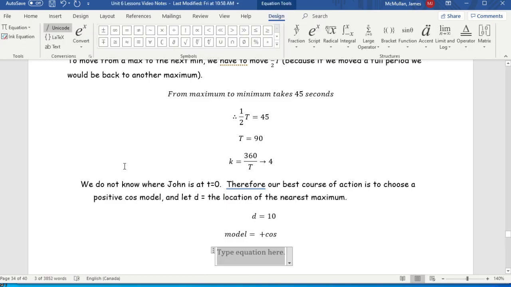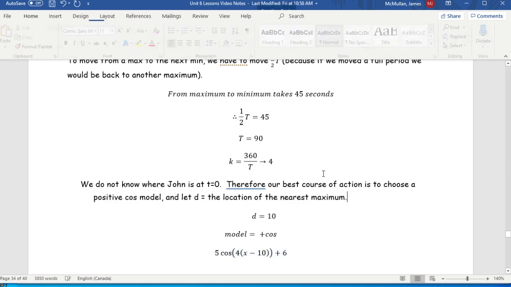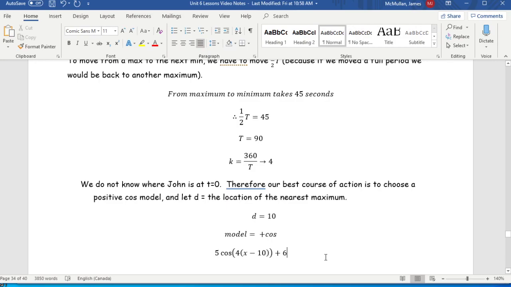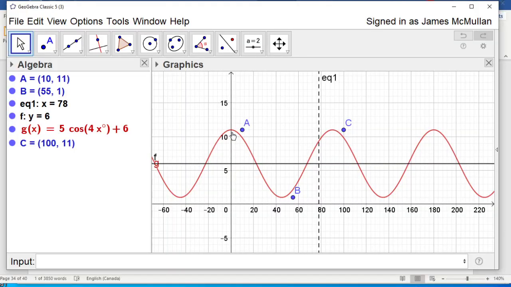So the final model that I think we should have here is 5 cos 4 bracket x minus 10, because that's where d goes, right? D is positive 10, but we want it to be minus 10 because it's inside the bracket, and then plus 6. So that will do everything we need it to do. It will have an amplitude of 5, it will have an axis at 6, it will have a period of 90, and it will have its maximum 10 seconds after the beginning of the observation.